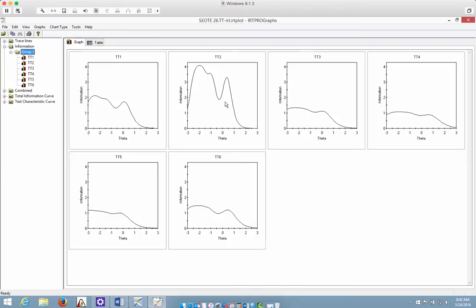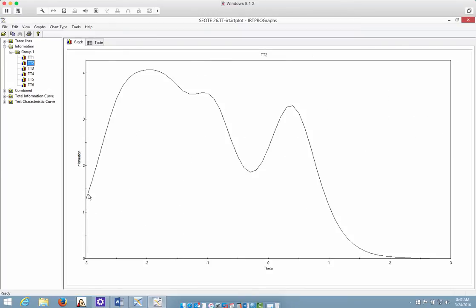And for item 2, we can see that we have good information, more precise measurement at these lower ability levels. In other words, these lower levels of agreement than at the upper levels of agreement. And this is verified by our table.